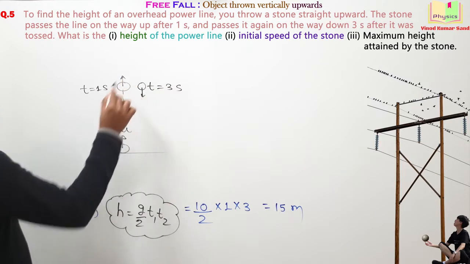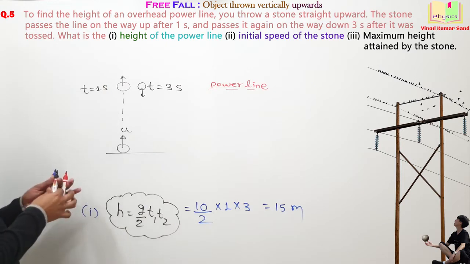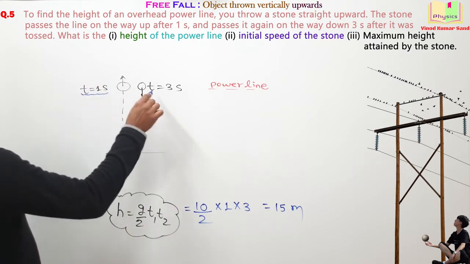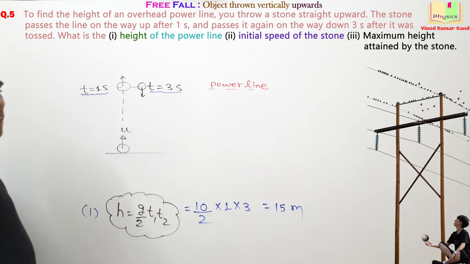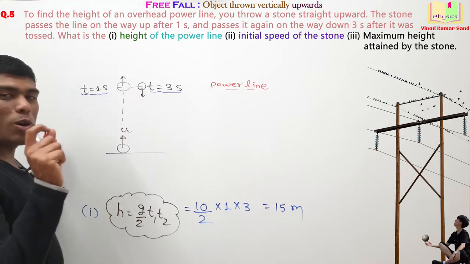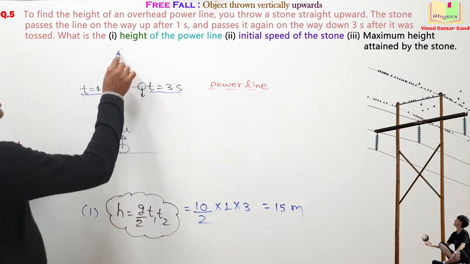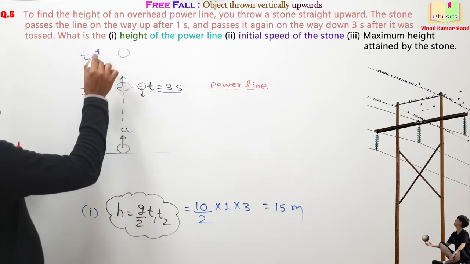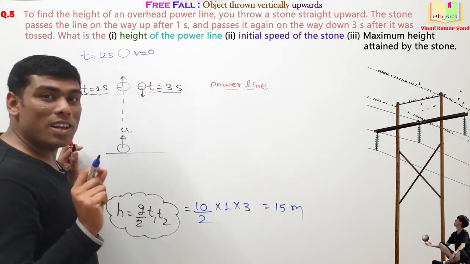Let's say somewhere here is the power line. If you look at the symmetry of the time, t is equal to 1 second, t is equal to 3 seconds, the stone is at the same level. It means at which moment the stone attains its maximum height? Anyone can answer it now. T is equal to 2 seconds, the velocity of the stone will be momentarily 0.